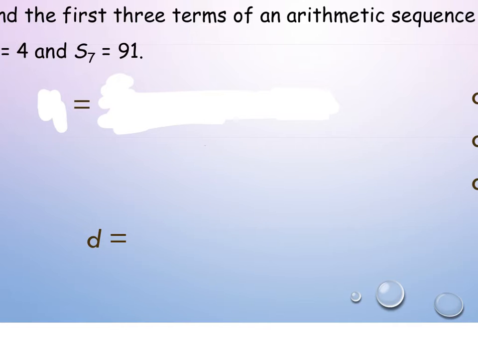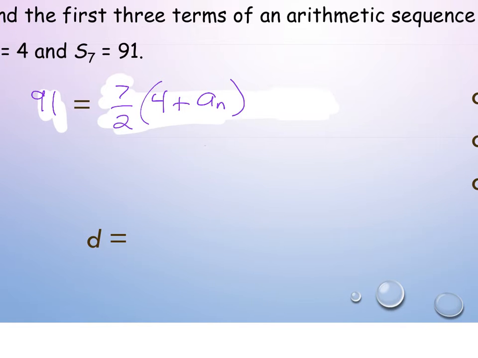Go back to my tiny pen. 91. And that's equal to 7 over 2 times my first term plus my last term. Now, I don't know what A sub n is, but I can figure it out. Okay, so if this is true, I'm going to solve for A sub n.